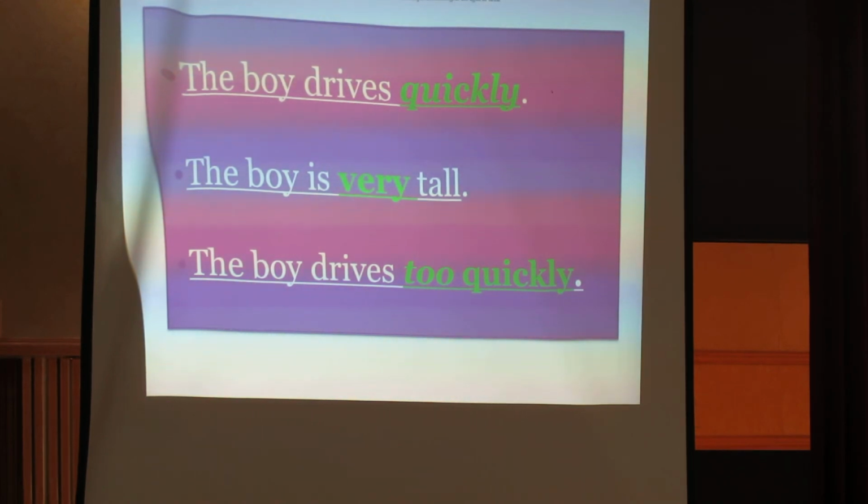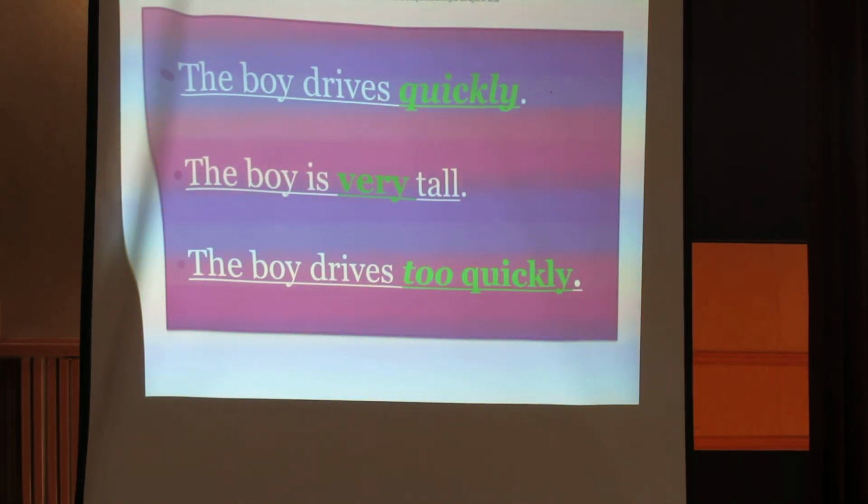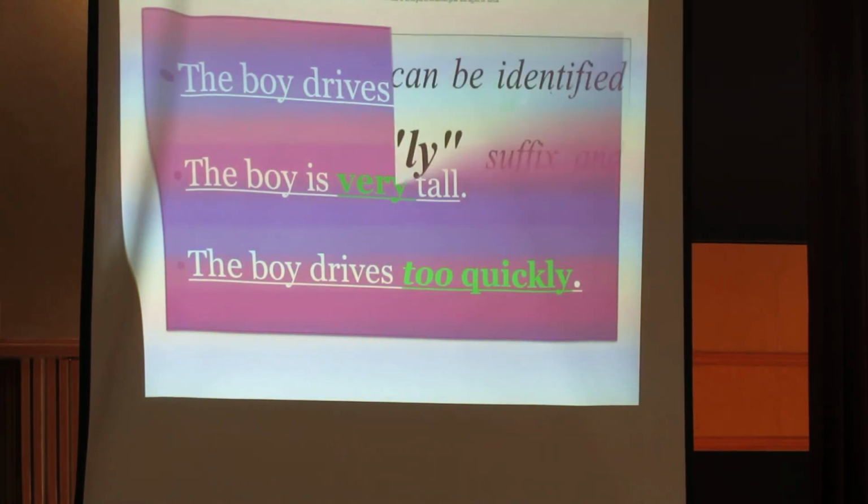So too goes with the adverb. In this case, the definition is clear, the usage is clear. An adverb can modify another adverb. The first one is quickly, the second one to deal with it is too.